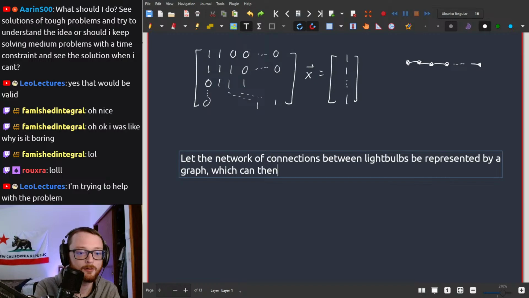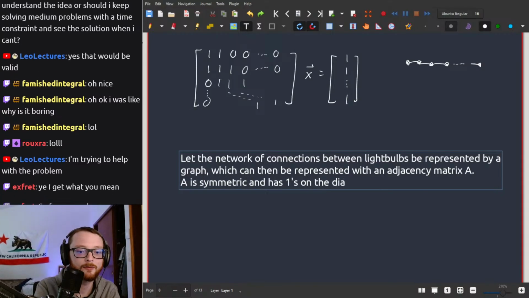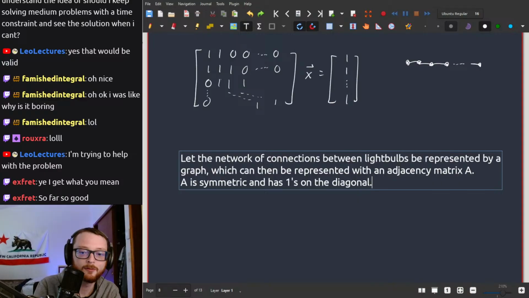I don't know if we need to go through this graph detour, but matrix A. I don't think this part's important, but A is symmetric and has ones on the diagonal, I guess in F2.